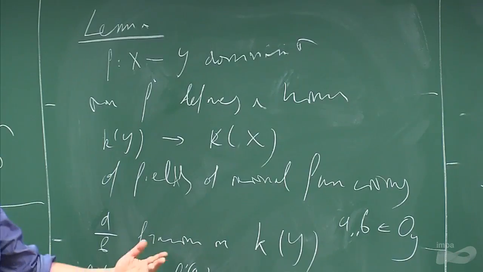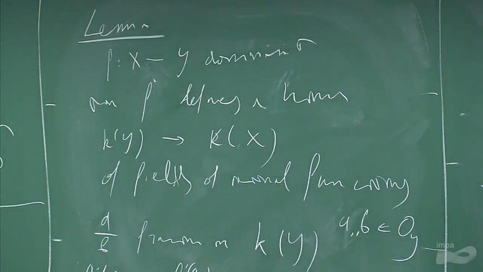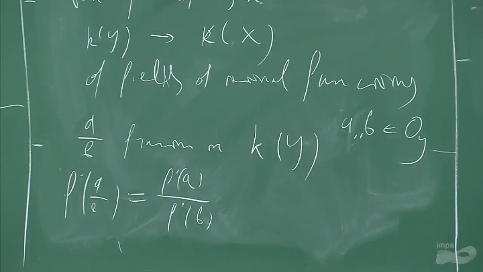This is non-zero, so this makes sense. And then you check that these relations are satisfied. There's nothing to check. Make clear? Good. Anything else?